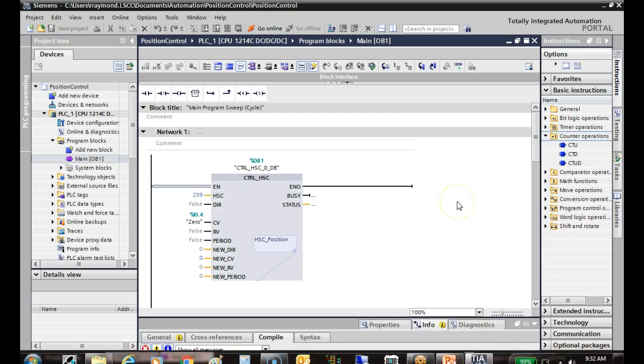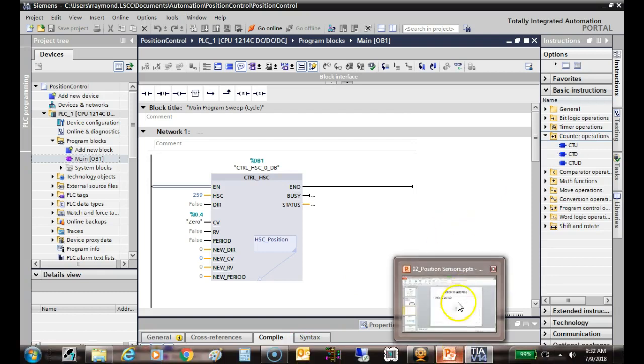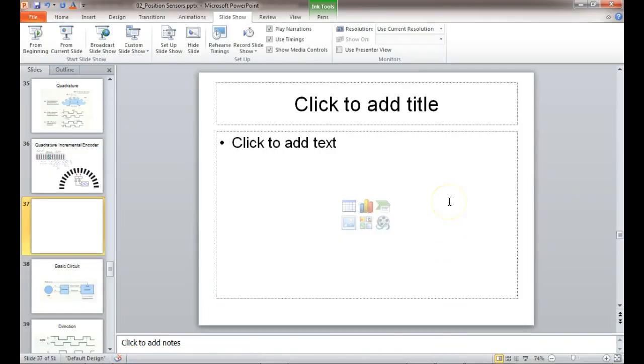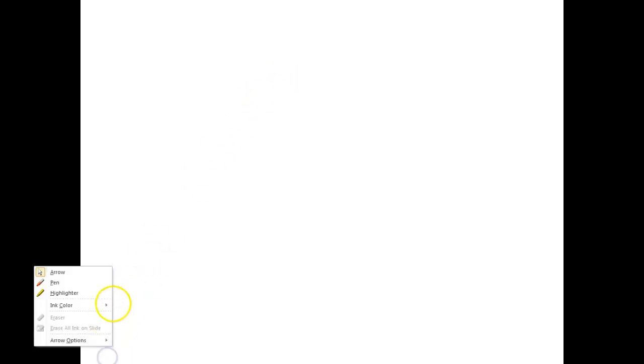So if I've got 80 revolutions per minute, I'll come up here and multiply that by 1,000. So 80 RPM on my output would give me times 131.25.